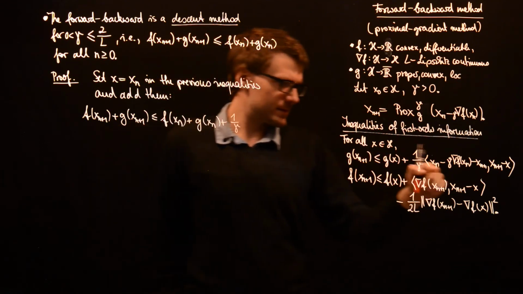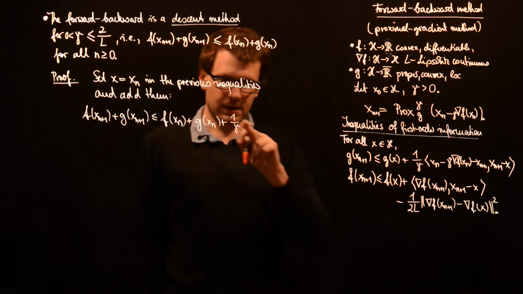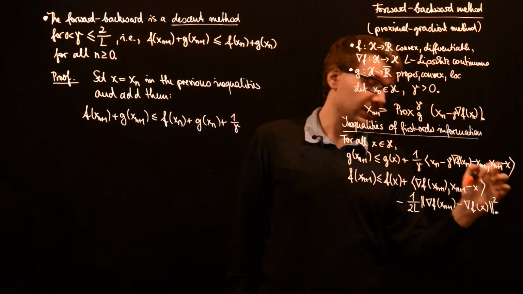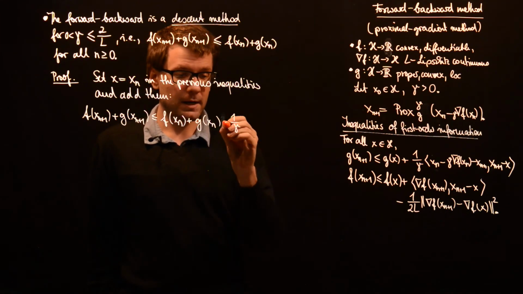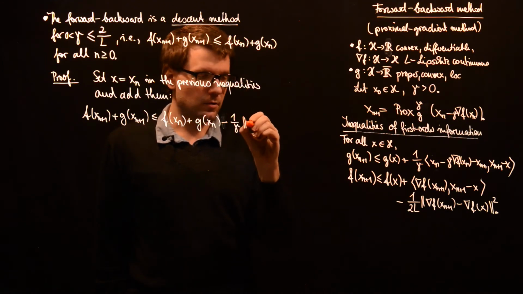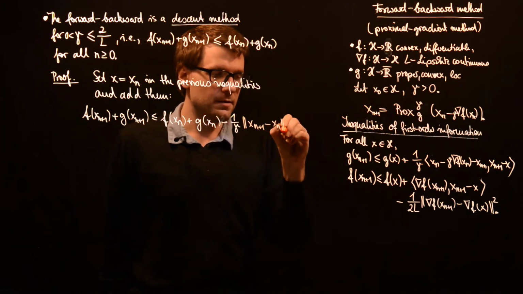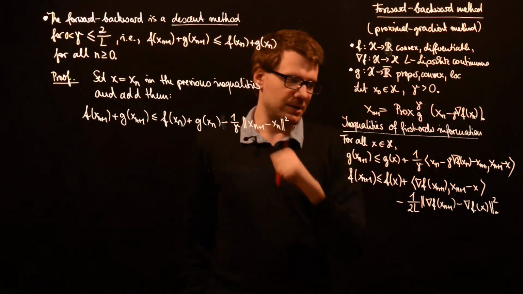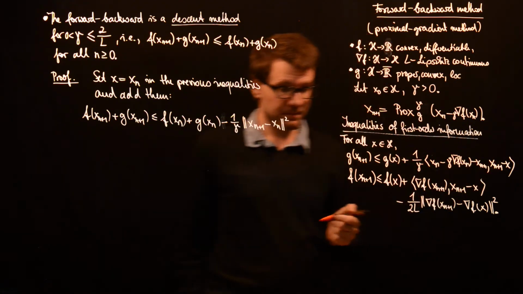first of all, I take this inner product without this gradient here. So then we have xn minus xn plus 1, xn plus 1 minus xn, because we replace x by xn. So we actually have minus 1 over gamma times the norm of xn plus 1 minus xn squared, because this is the inner product of this expression, once with plus and once with minus.